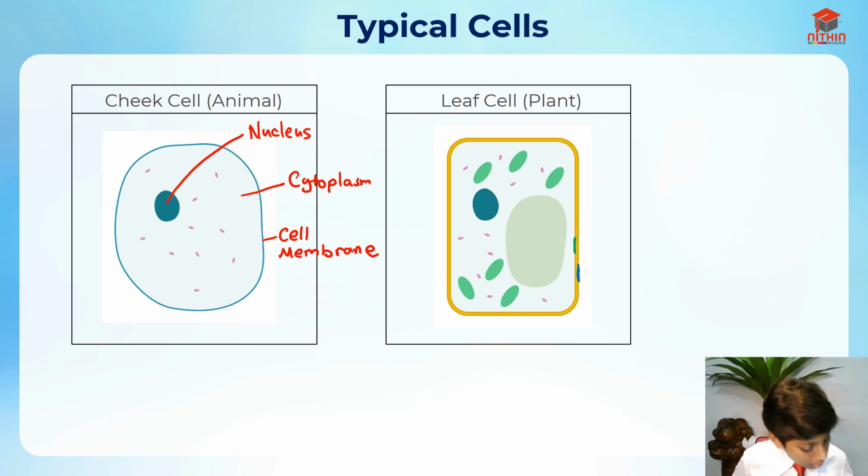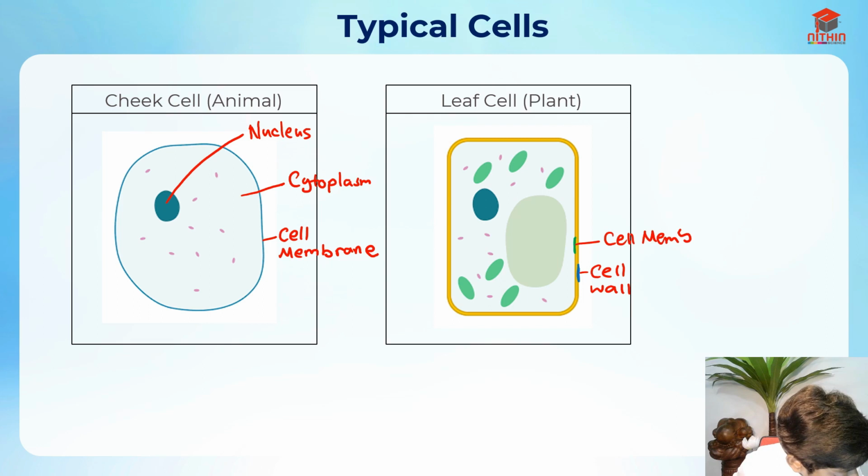So let me label it cell wall, and the inner layer is the cell membrane. I hope you understand. The cell wall is the outer layer of the plant cell, and the cell membrane is the inner layer of the plant cell.